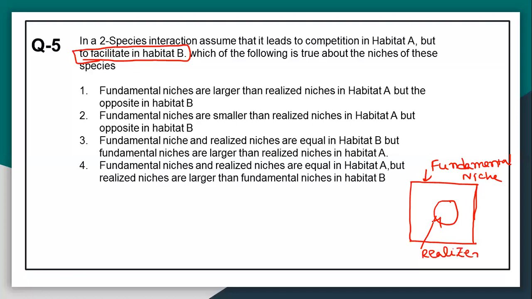Now these are considered when there is a negative impact by the species. Now if you see in the case of the realized niche, here is a facilitator species present. Suppose we plot desiccation versus temperature, and the fundamental niche.